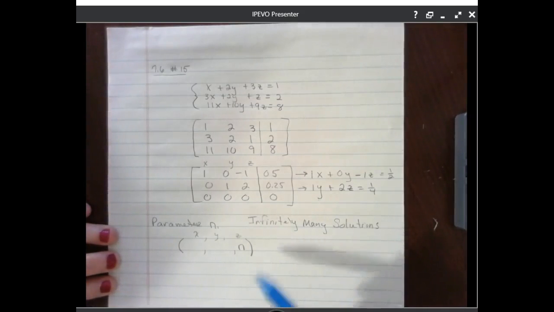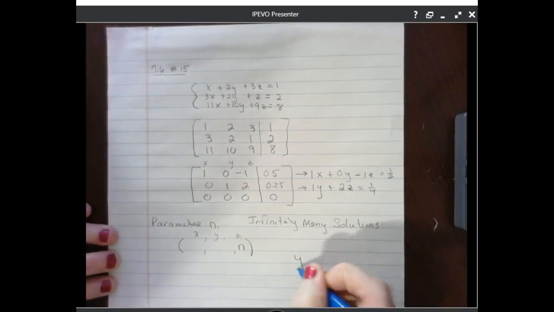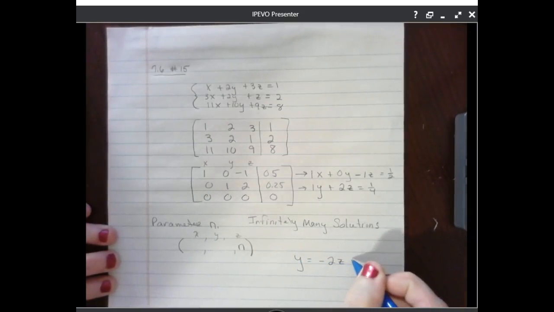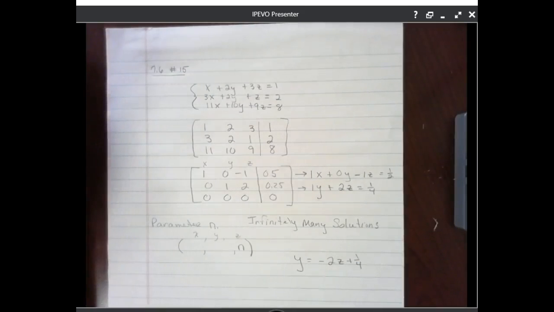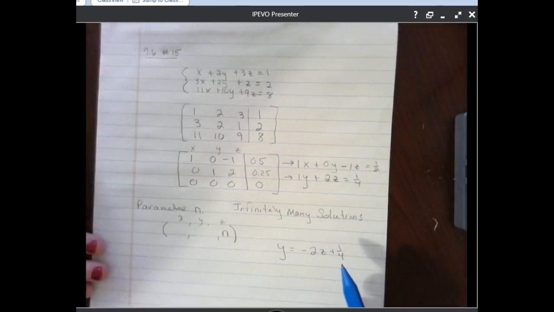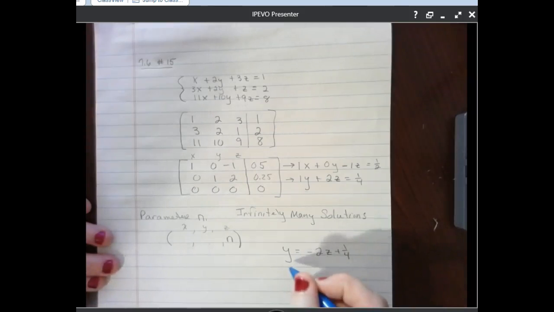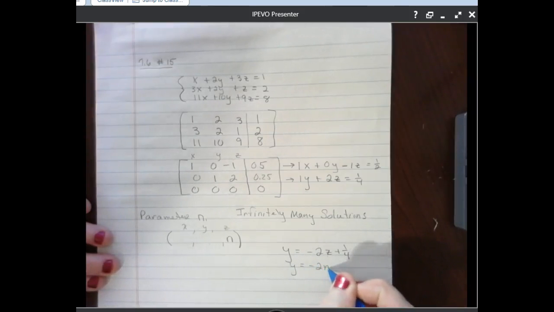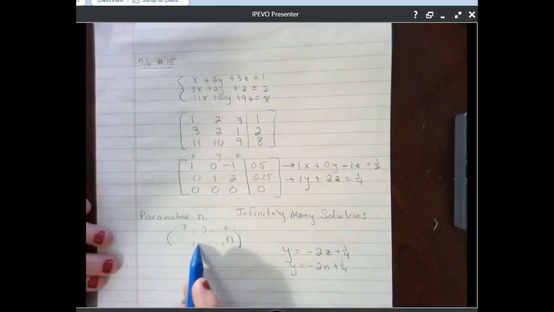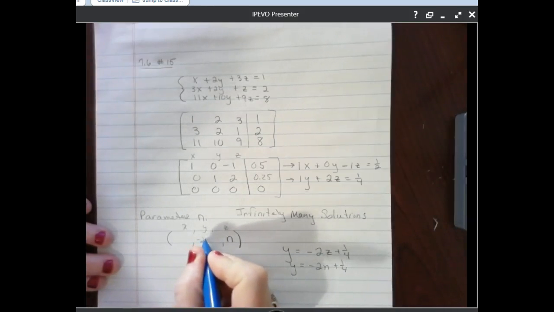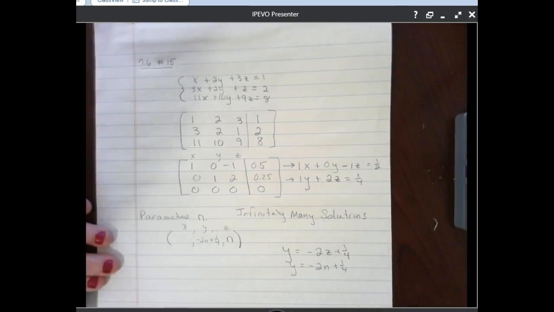We said z is n. So I have y equals negative 2z plus 1/4. Since it said write it in terms of n, and z is n, I'm going to change that to an n. So this answer is going to be negative 2n plus 1/4.